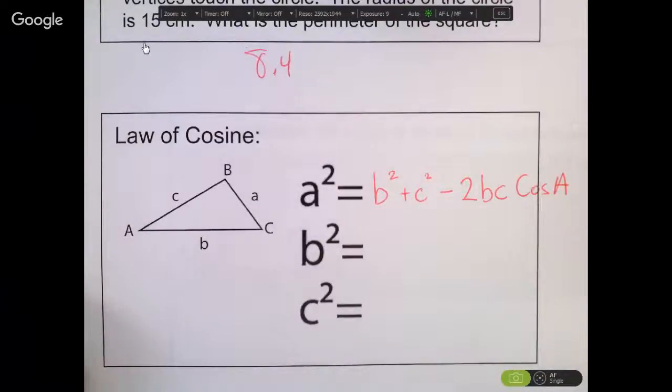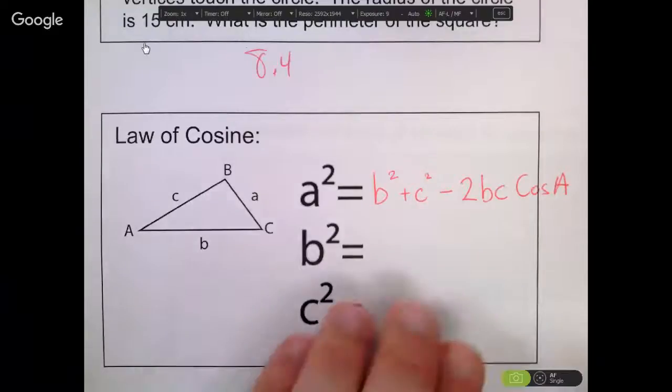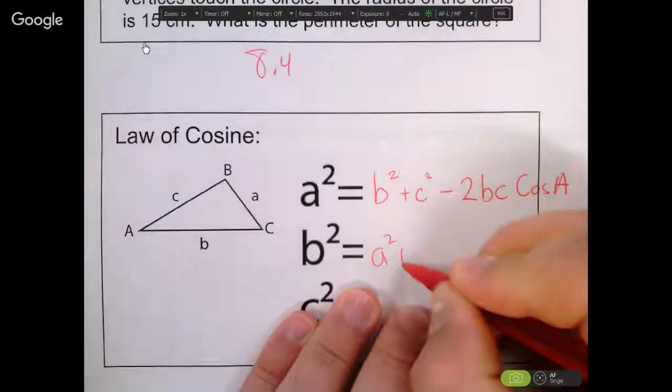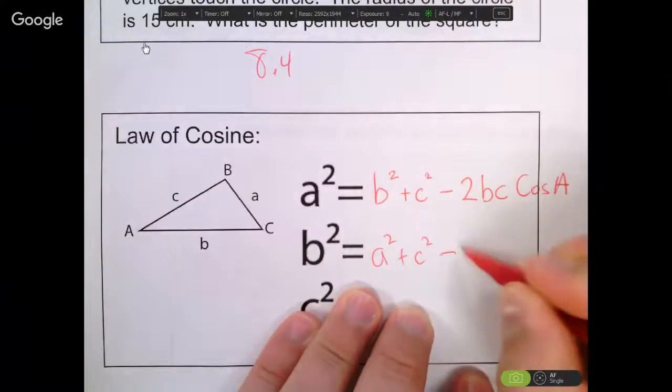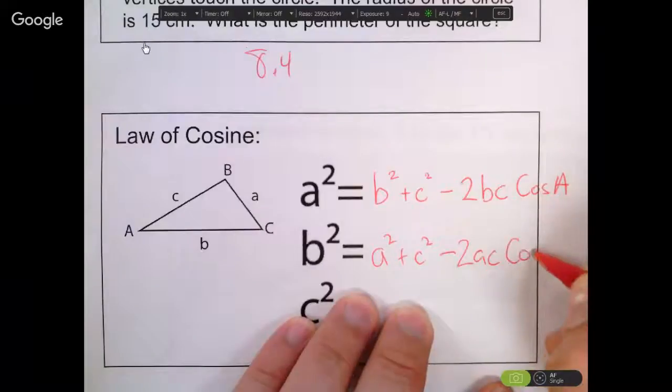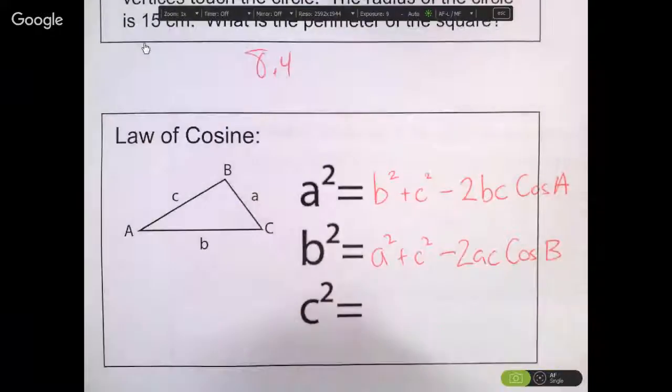Okay, so look at b squared. Somebody tell me what b squared equals. a squared plus c squared minus 2ac times the cosine of B. You did that one. I'm going to do the next one.